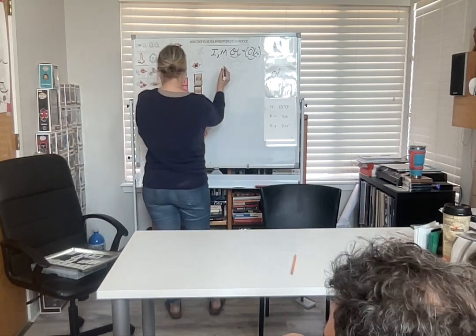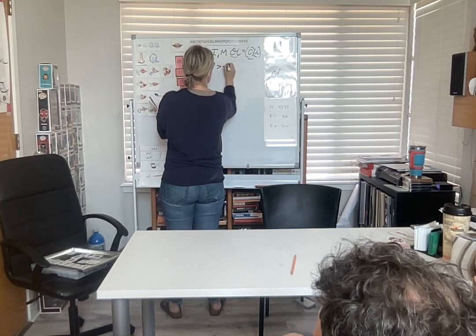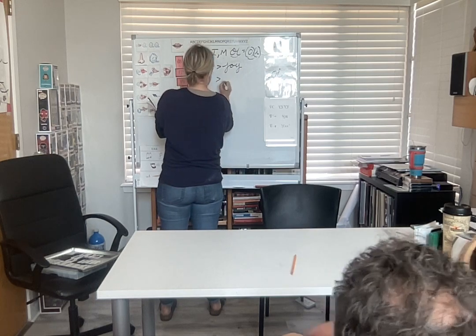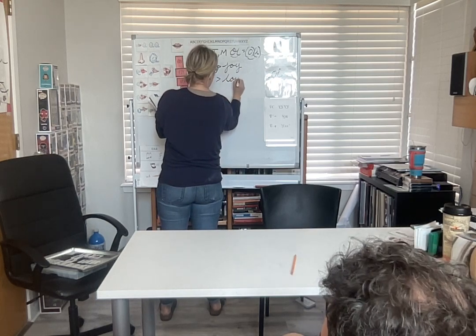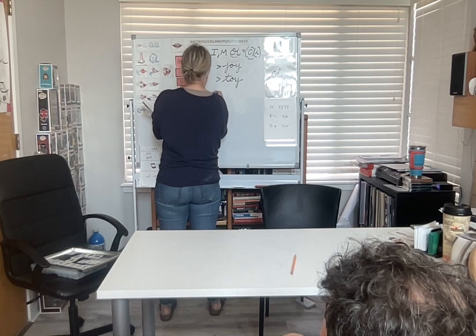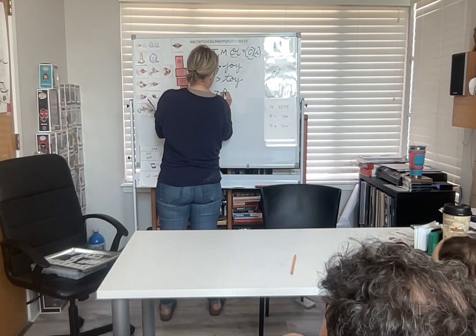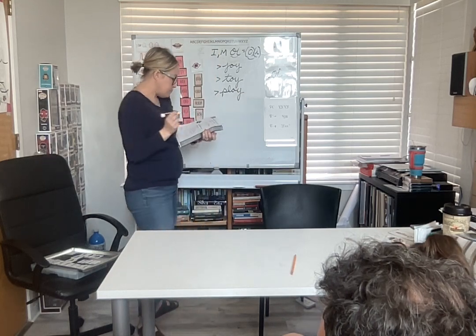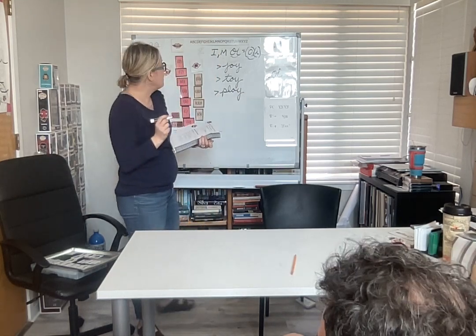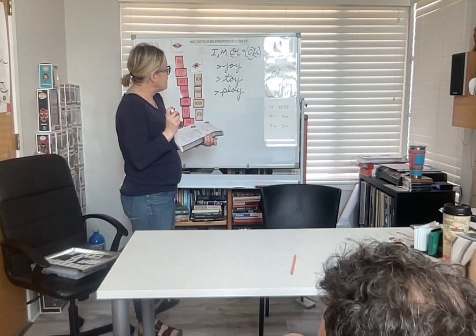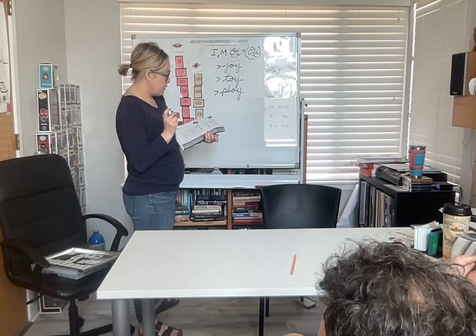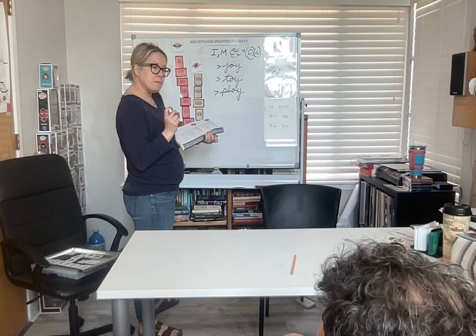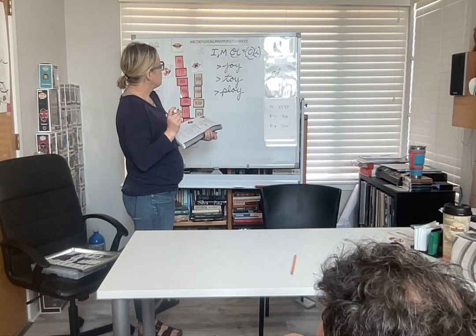Take a look at these words. We have J-O-Y, T-O-Y, and then P-L-O-Y. So in what positions do you see those letters that are making the oi sound? The end.